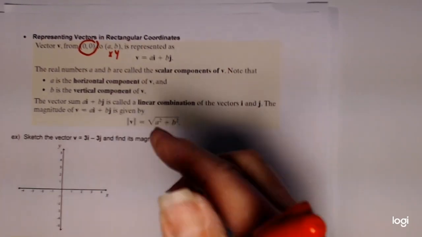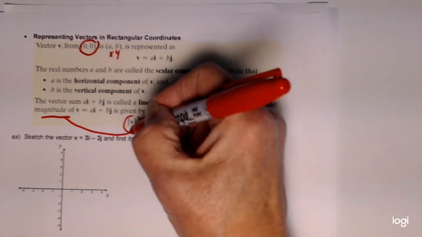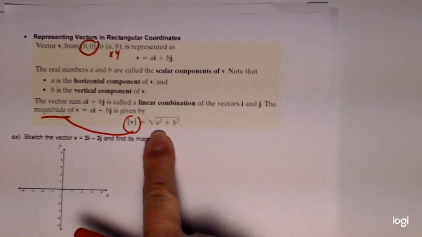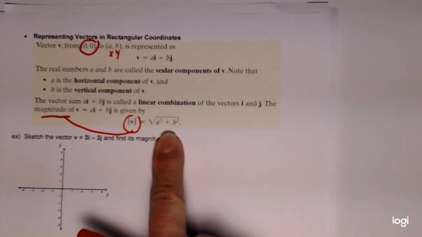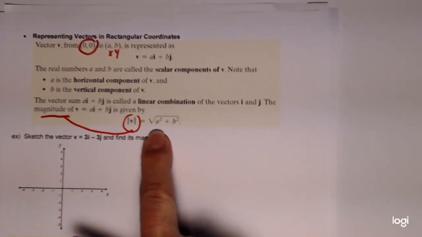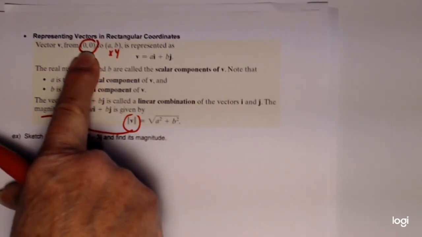The magnitude of this vector V is going to be defined as the square root of A squared plus B squared, which you should remember, this is the distance formula, and we don't need to do the x1 minus x2 here because we're starting at the origin.